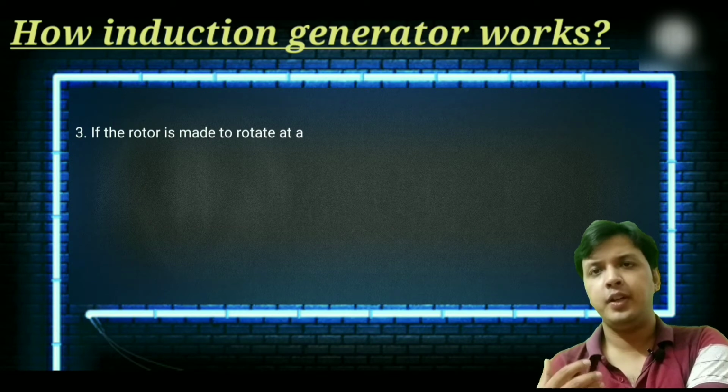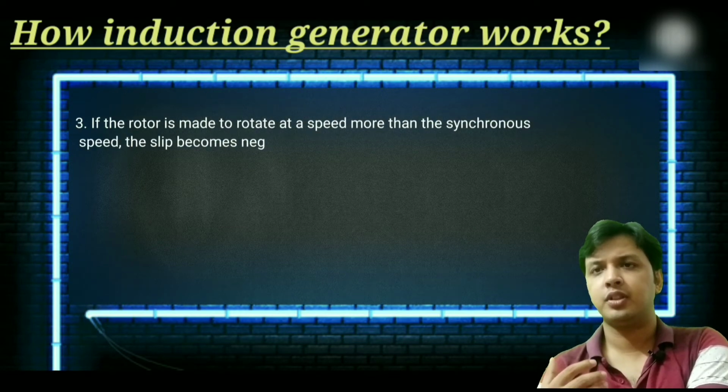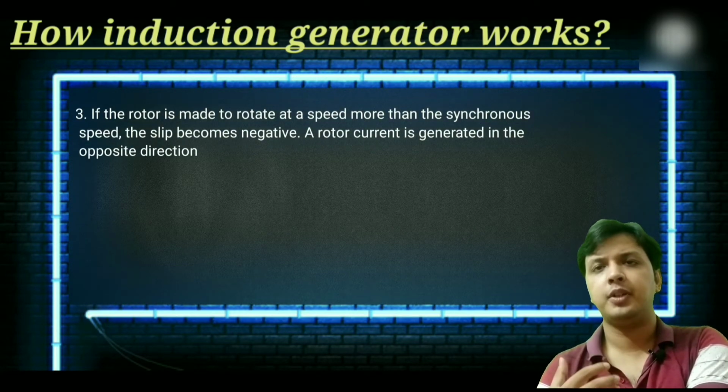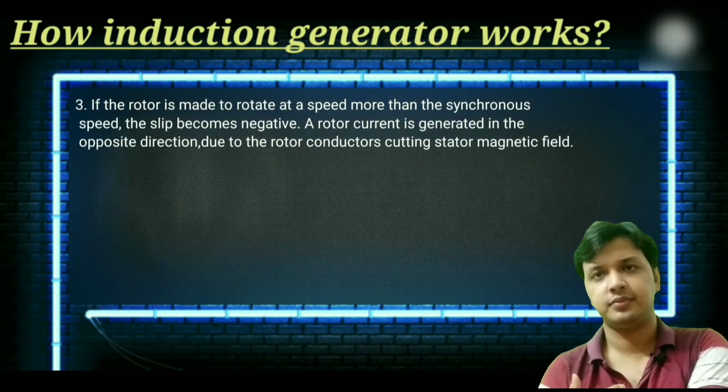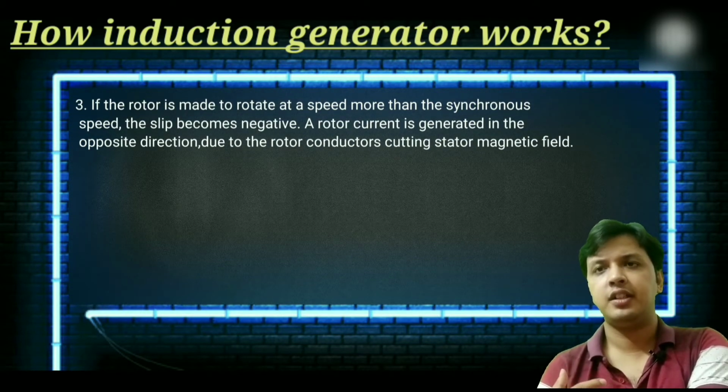If the rotor is to rotate at a speed more than synchronous speed, the slip becomes negative. A rotor current is generated in the opposite direction due to the rotor conductor cutting the stator magnetic field.